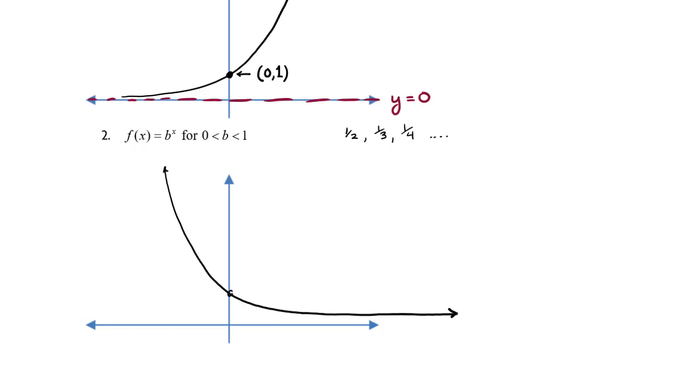This is also crossing the y-axis at the point 0, 1. But this is exponential decay.